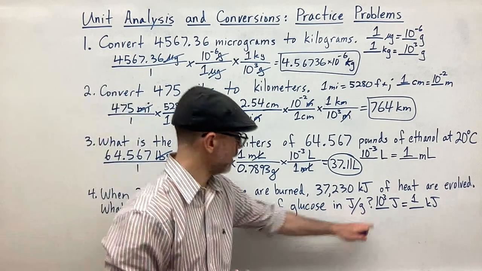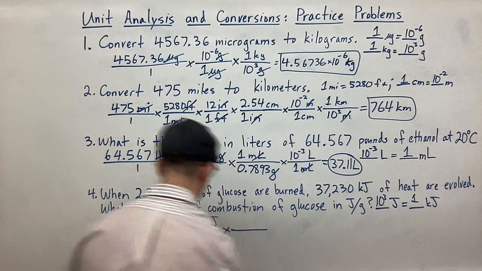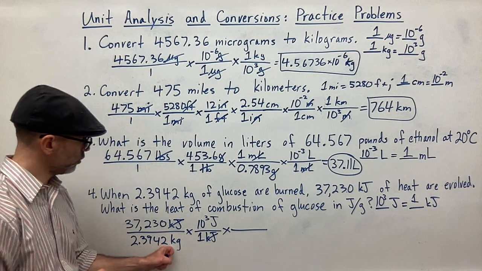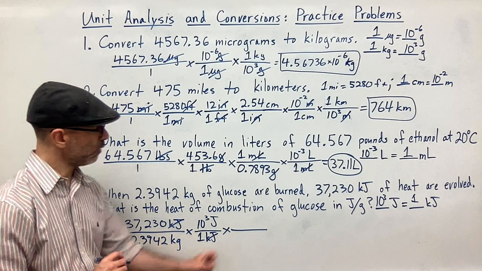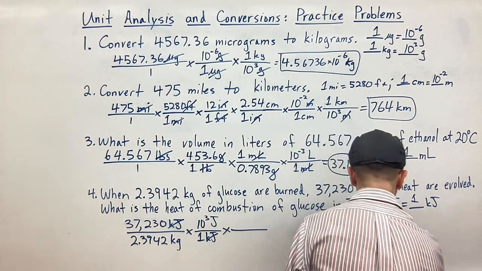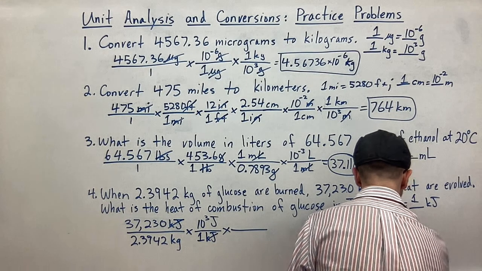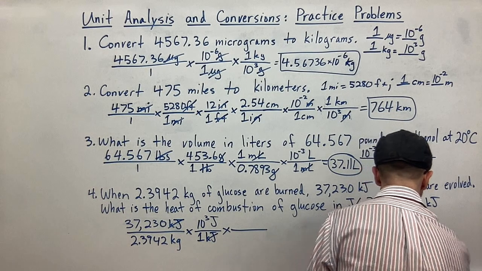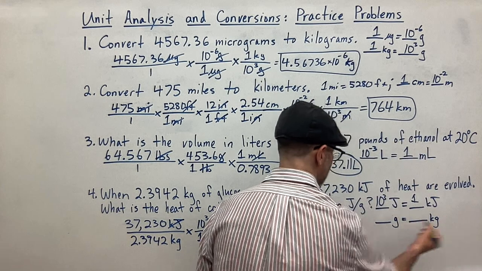They want grams on the bottom, so I'm going to convert kilograms to grams. Here, kilograms is on the bottom, so I want to put kilograms on top. Again, our relationship is some number of grams is equal to some number of kilograms. So it's the exact same relationship.